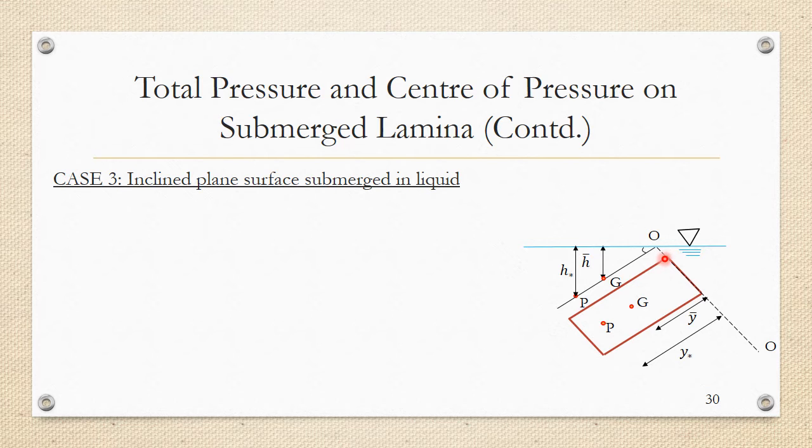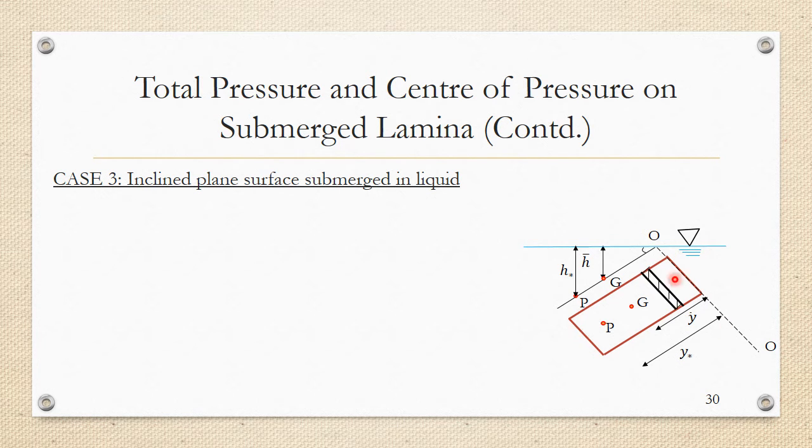So here now I've got rid of the three-dimensional figure. Instead, this is the top view of the surface. I've just marked it here in red to help me explain this derivation in a little bit more detail. So this is the cross-sectional view and this is the top view of the inclined plate.